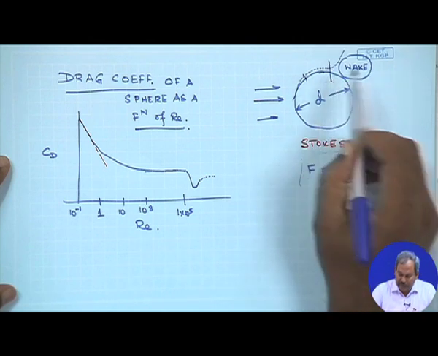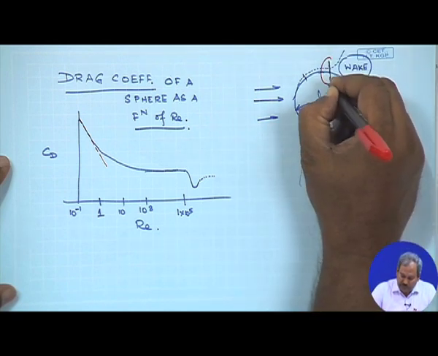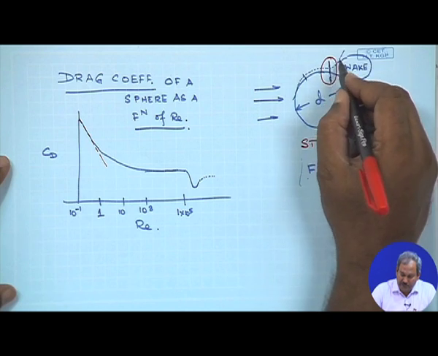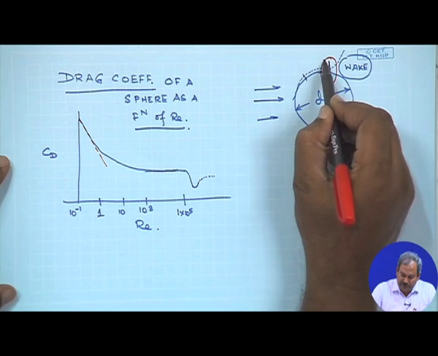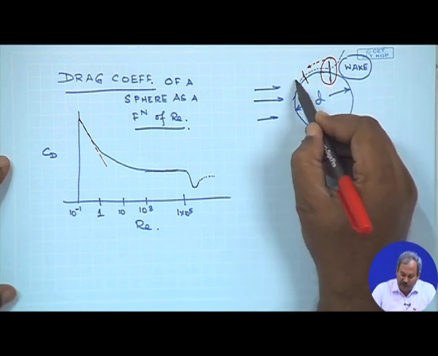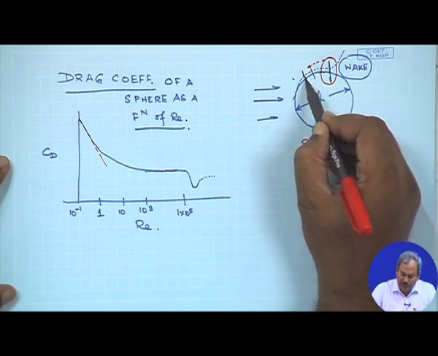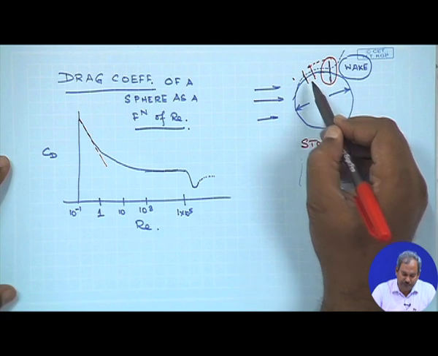So, this is the location of the separation point in this specific case, where the boundary layer detaches from the surface, but as the Reynolds number is increased, this separation point will start to move towards the front, and you have new values of separation points at higher values of Reynolds number.